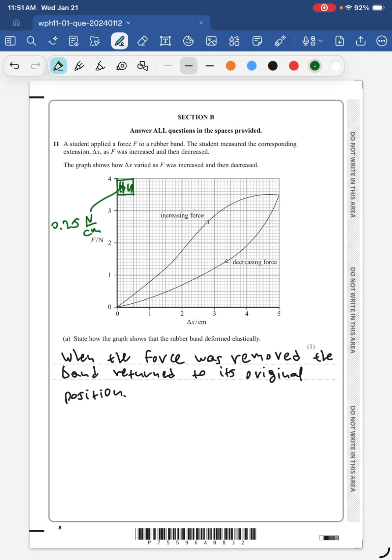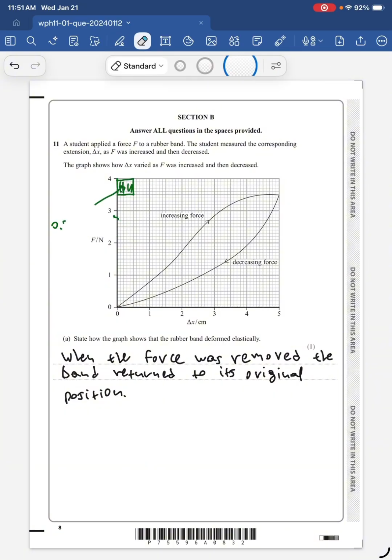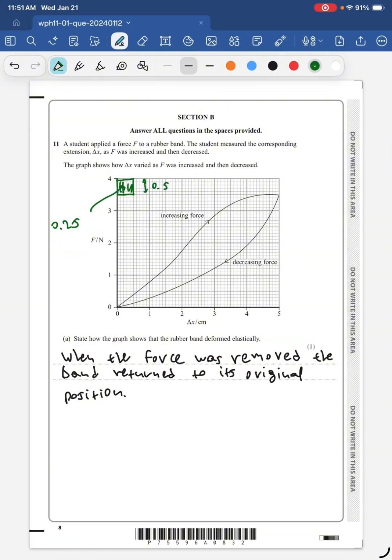Wait, what am I saying? Newtons times centimeters. I'm sorry. I'm all over the place, guys. So this is 0.5 newtons and this is 0.5 centimeters. So the area is 0.25 newtons times centimeters, okay?